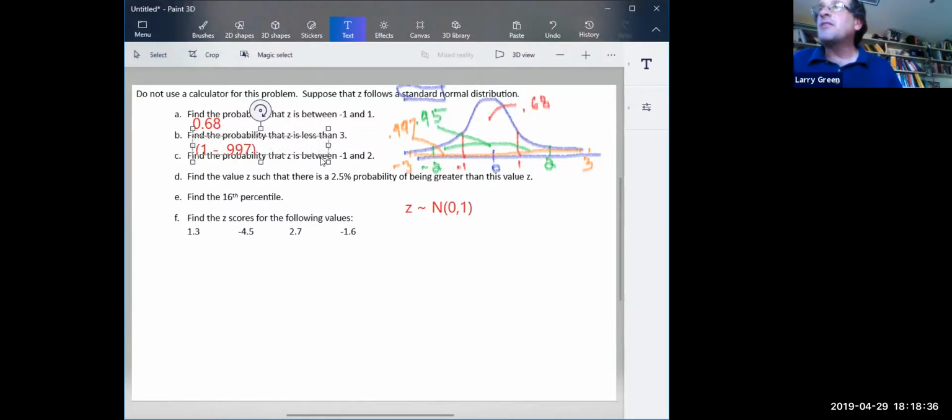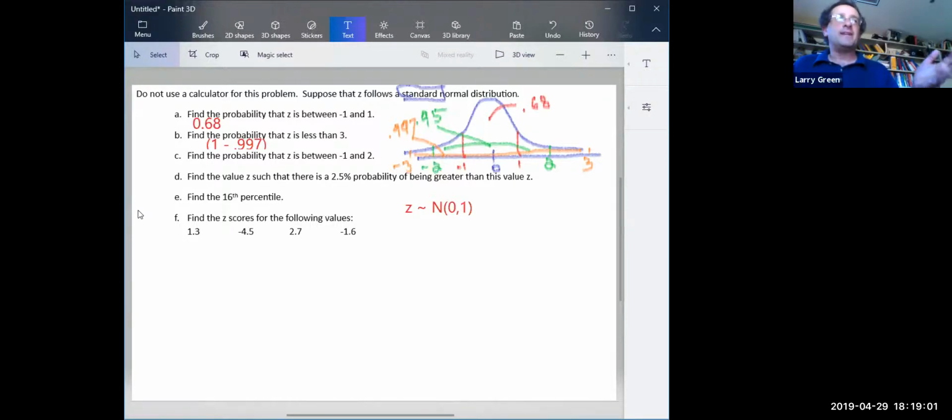Any questions so far? Not the answer, but it's going to help us. The problem is the outside includes the left and the right. We want less than 3. So if we know how much it is on left and right, and we only want the left, what do we do?